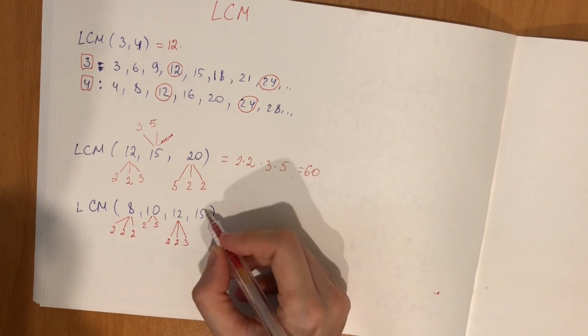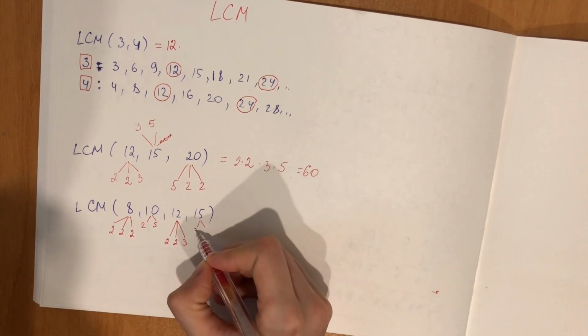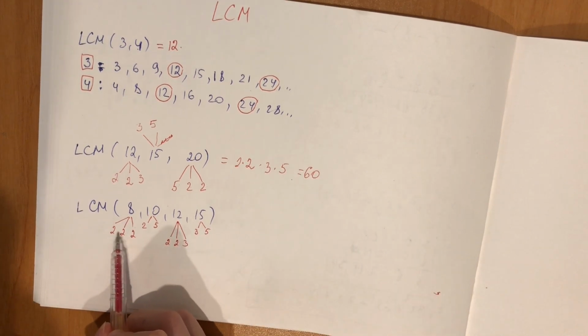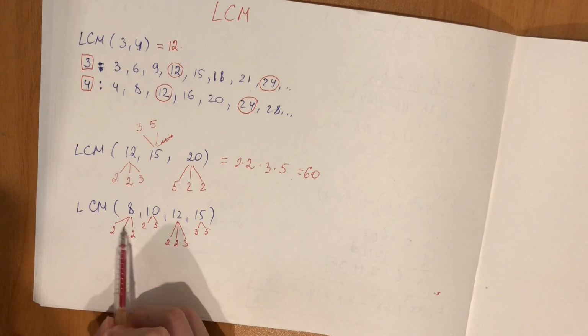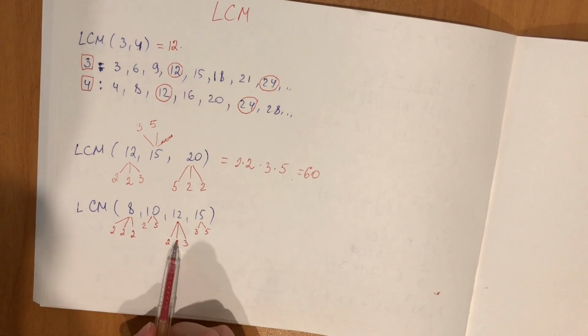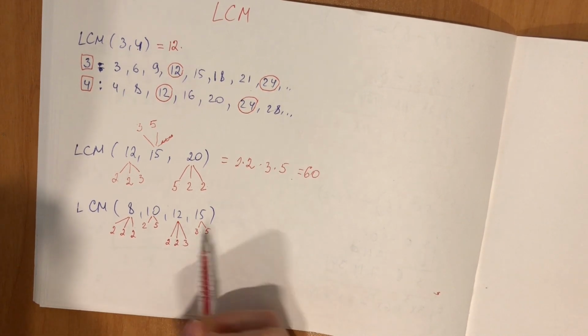The prime factorization of 15 is 3 and 5. So here 2 takes part three times: here three 2's, one 2, two 2's and no 2's.